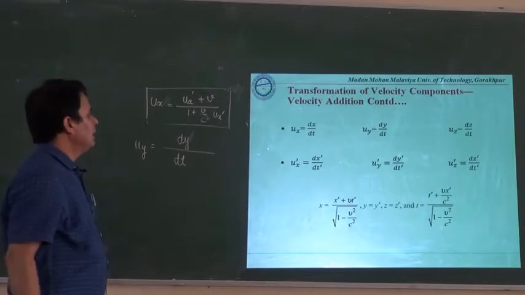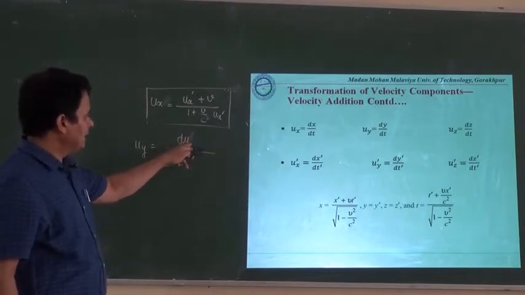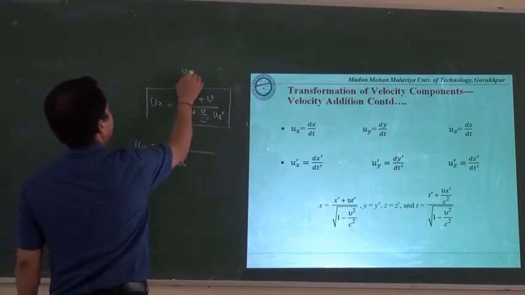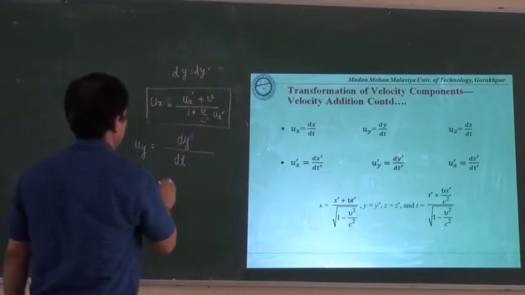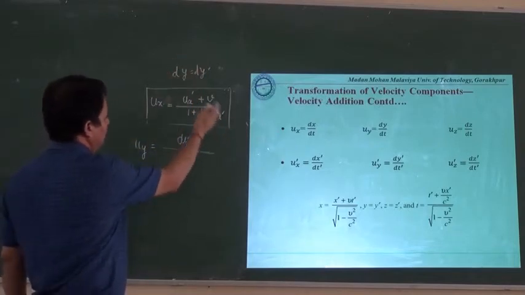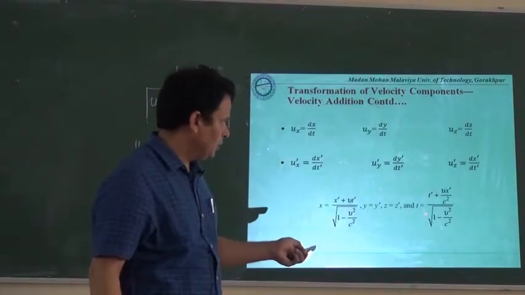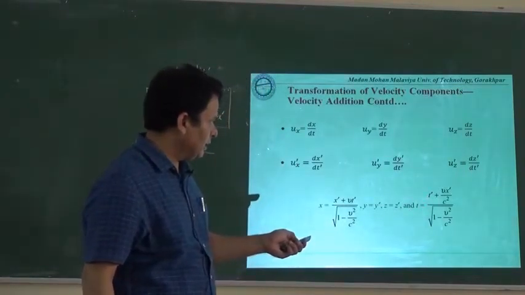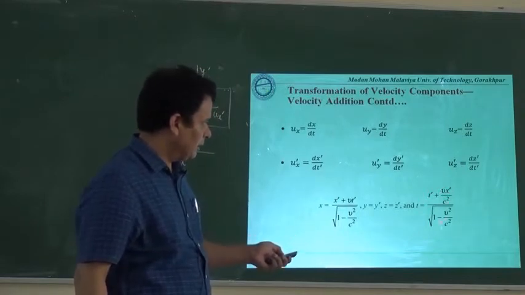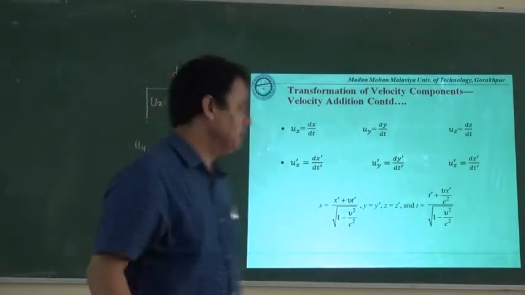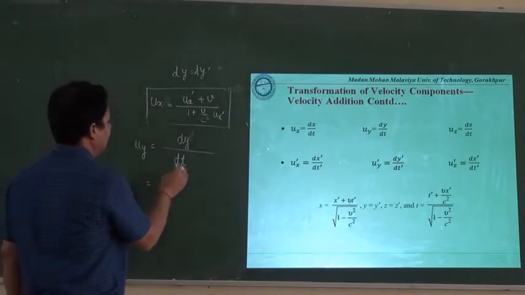In this we know that dy will be equal to dy dash because y is equal to y dash. And in place of dt, we will use the expression we had earlier for t, that is dt dash plus v upon c square dx dash, upon under root 1 minus v square upon c square. Let us use this value and see what expression we will have.